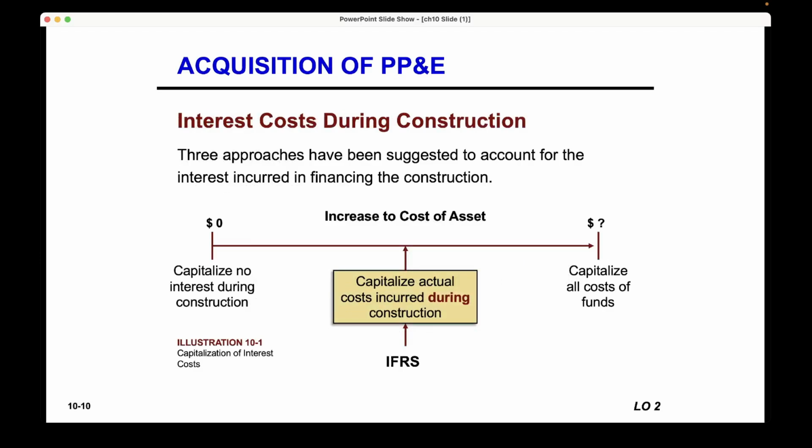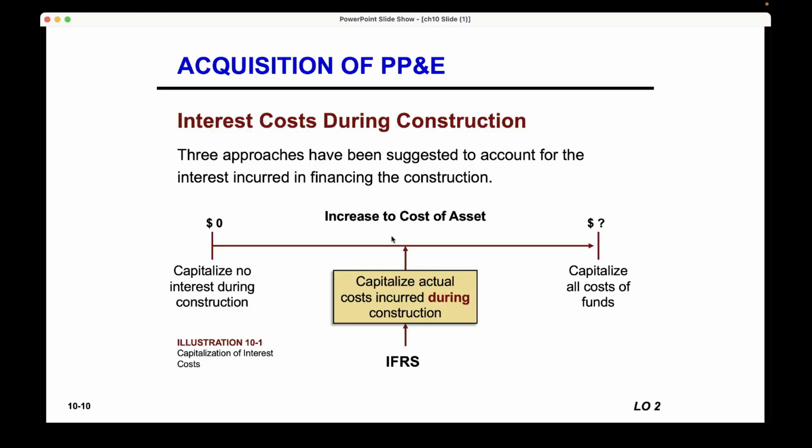Now, let's talk about how interest costs are treated during the construction of self-constructed assets. If the company takes on debt to finance the construction, interest costs come into play. The diagram here shows that IFRS, in the middle, as you can see, requires a company to capitalize actual costs incurred during construction, including interest associated with the construction.